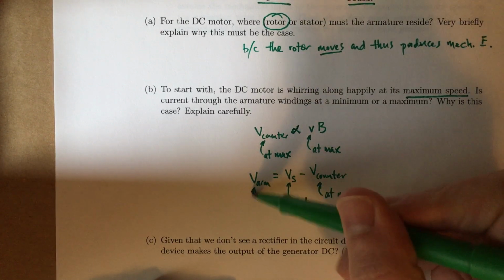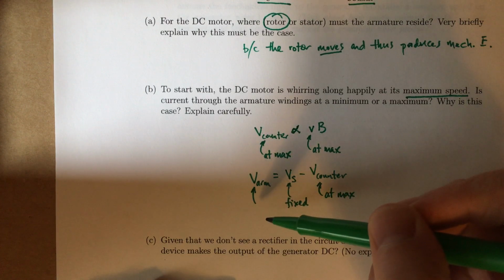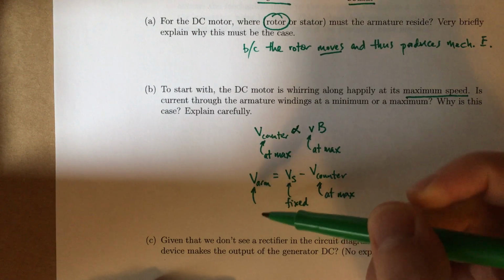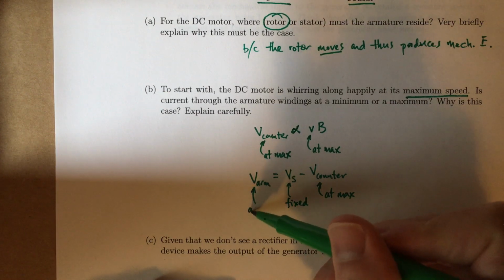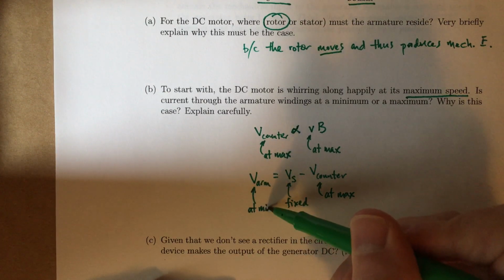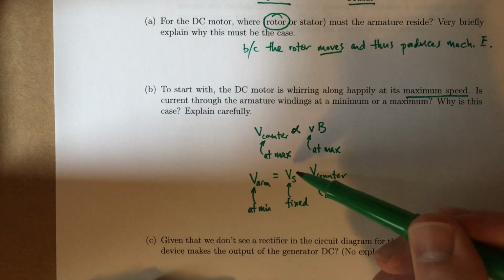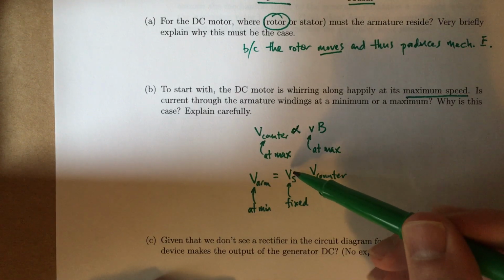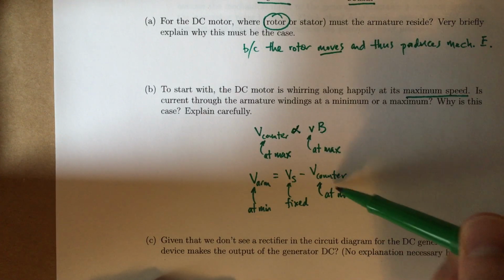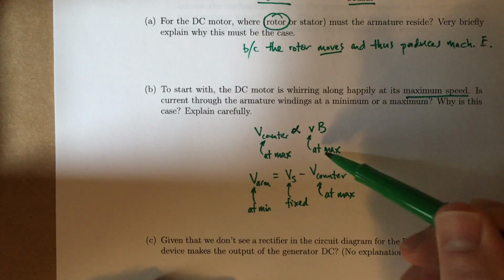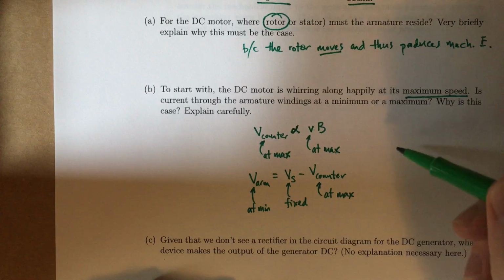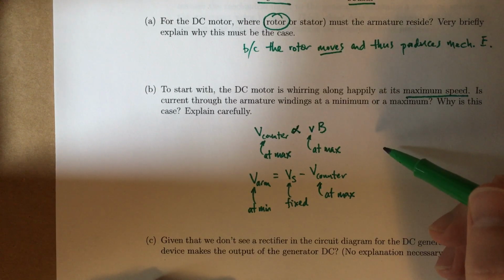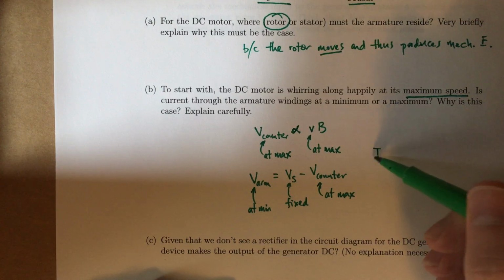So the net voltage across the armature is going to be at a minimum, right? We're canceling out as much of the source voltage as we can with this maximum countering voltage at the maximum velocity.